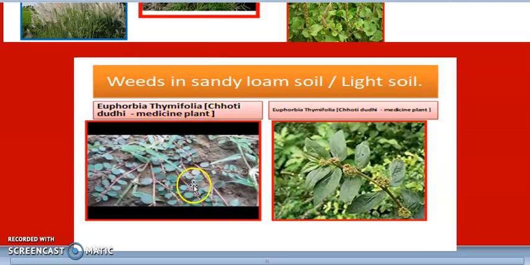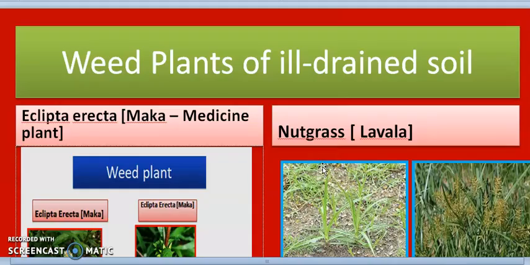It is a medicinal plant, but it frequently occurs at the side of the house, on roadsides, or in loam soil or light soil. Then in this second image we see the species of this weed plant.